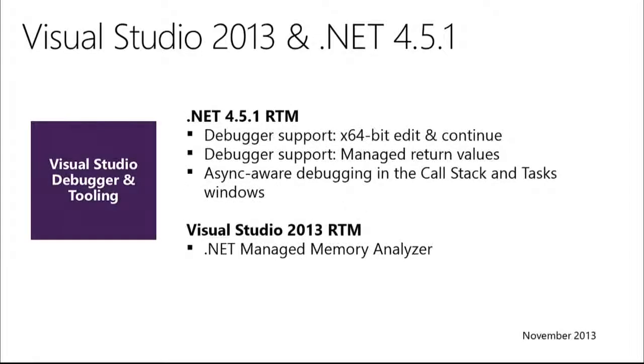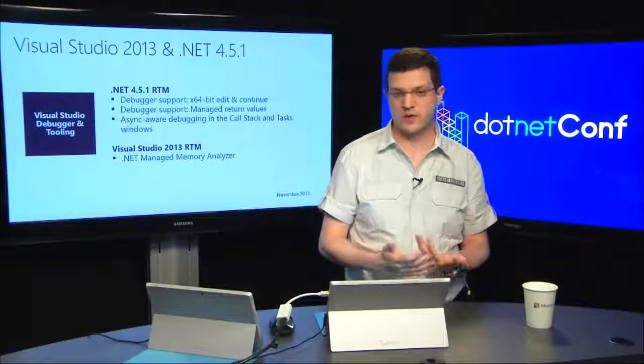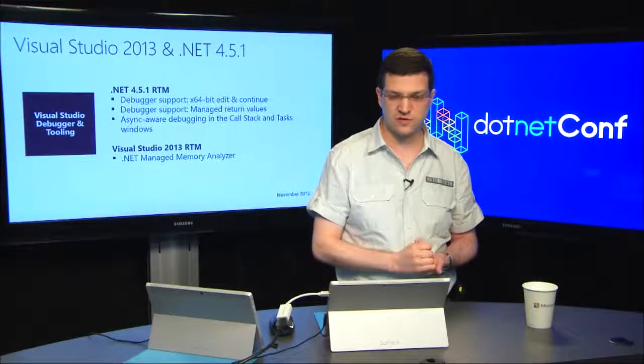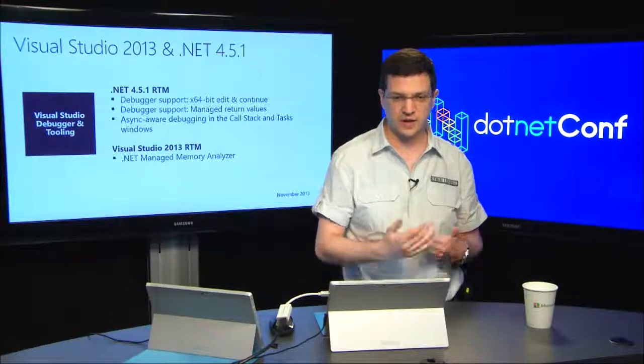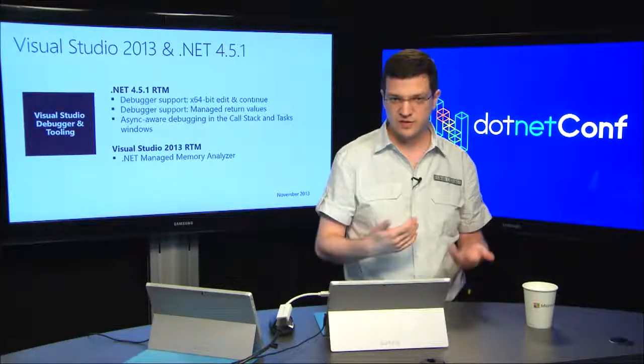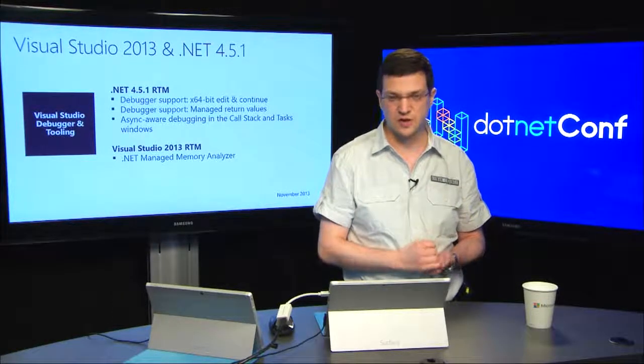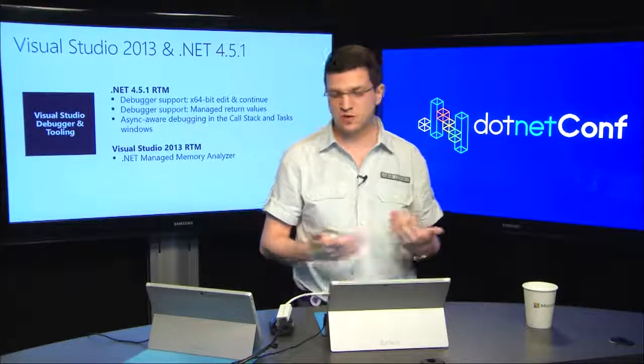We also released at the same time as Visual Studio 2013, .NET 4.5.1. With .NET 4.5.1 and Visual Studio 2013 in combination on a developer's machine, you get all sorts of debugging capabilities that you wouldn't have before. For example, x64-bit edit and continue. So if you have a WPF application that you're building specifically for x64, before you wouldn't be able to edit the code during a breakpoint and then continue running the application, which is a great productivity feature, but you just couldn't get that before.